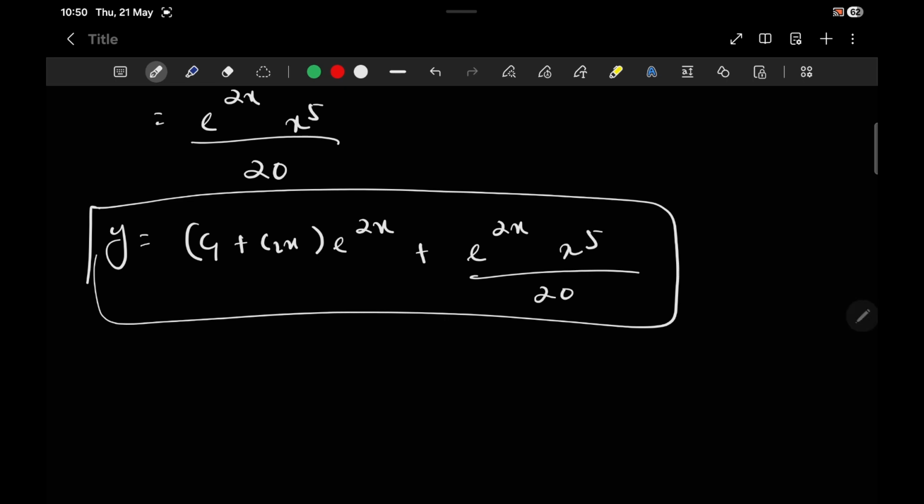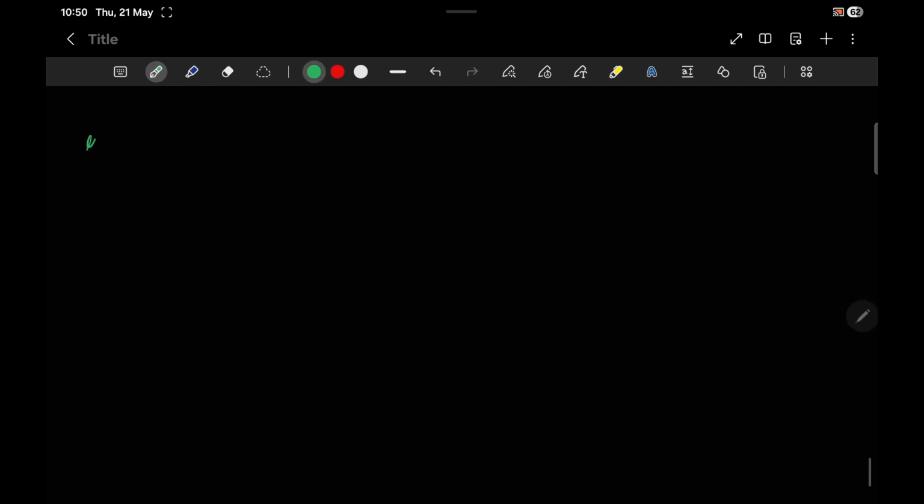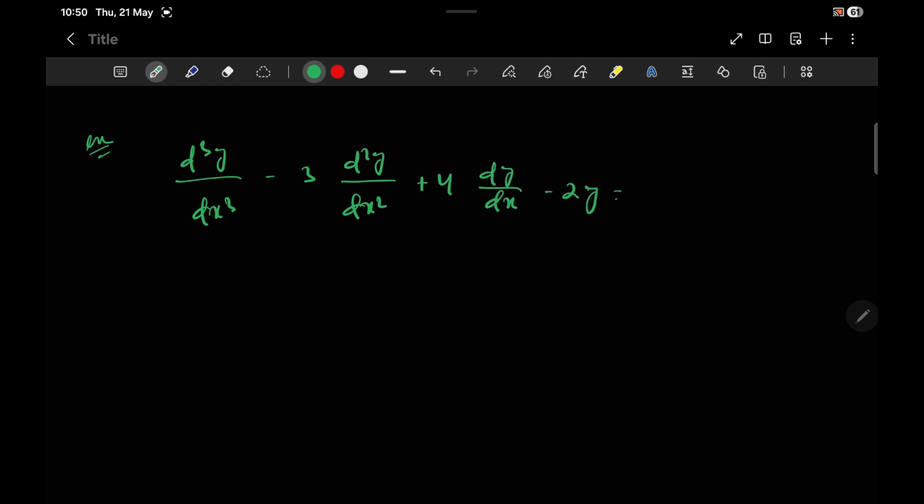Now let's take a final example to just randomize and revise our concepts. So solve d cube y divided by dx cube minus 3 d square y by dx square plus 4 dy by dx minus 2y is equal to e to the power x plus cos x.